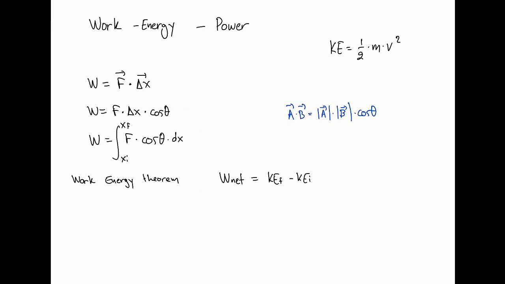So if we have, let's say, 3 or 4 forces, we can say that the work by the first force plus the work by the second force plus whatever works we have is equal to 1 over 2 m v final squared minus 1 over 2 m v initial squared.